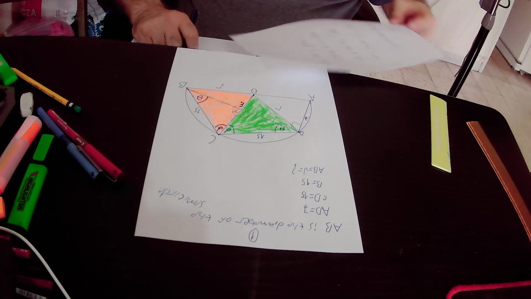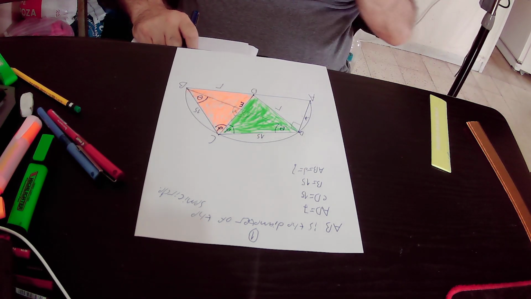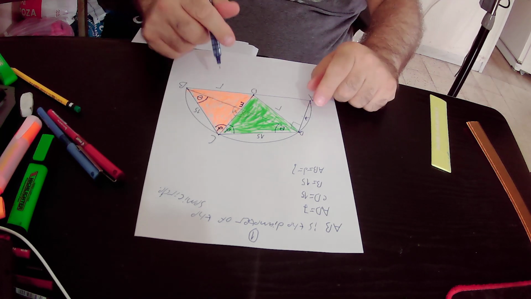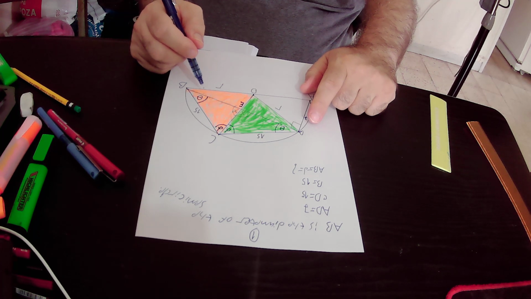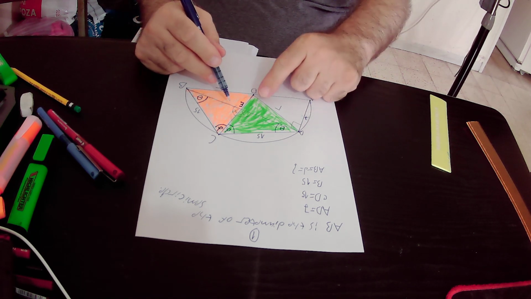Okay, so actually the sum of the angles on the straight line DB is equal to 180 degrees.